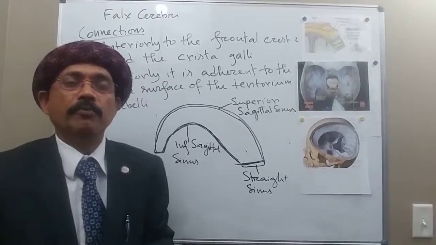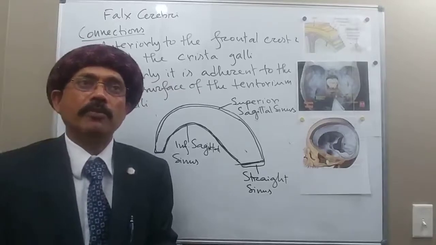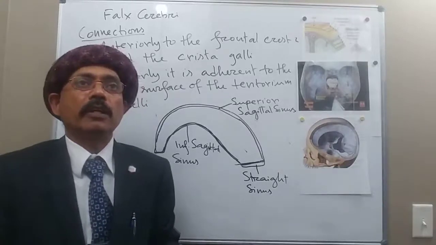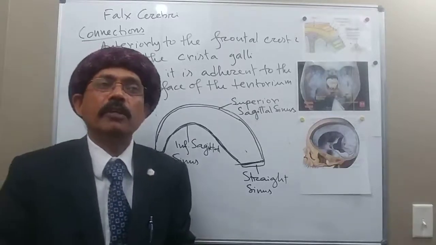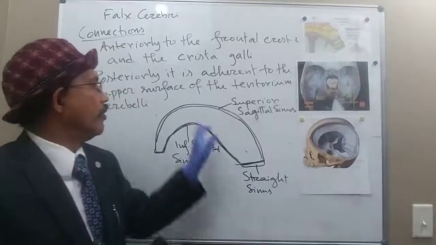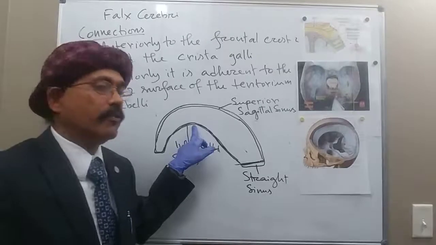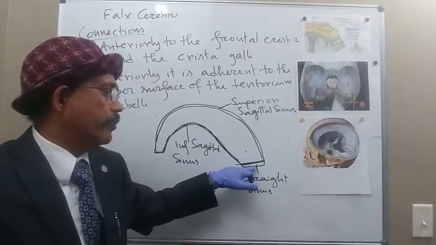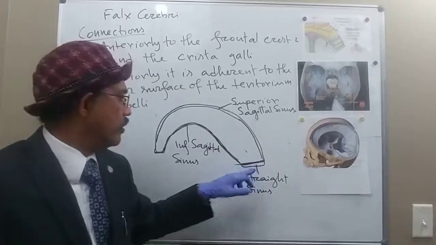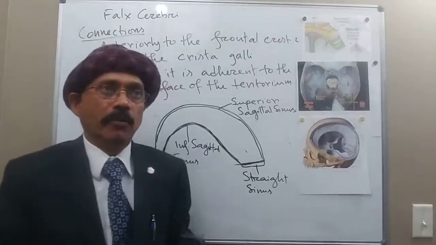It projects downwards between two cerebral hemispheres, attached anteriorly to the frontal crest and crista galli of the ethmoid bone, and posteriorly blended to the upper surface of the Tentorium cerebelli. It contains the superior sagittal sinus in the upper border, the inferior sagittal sinus in the inferior free border, and the straight sinus at the attached border to the Tentorium cerebelli. Okay, we got the Falx cerebri.